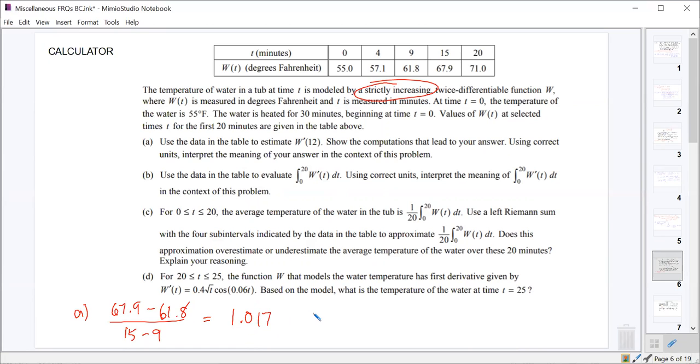So we'll say that the water temp is increasing at 1.017 degrees Fahrenheit per minute at our value of 12. And that was worth 2 points, 1 for the value and 1 for the explanation. Good? All right.